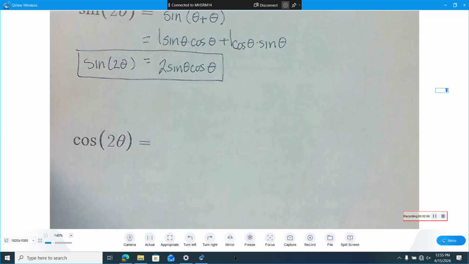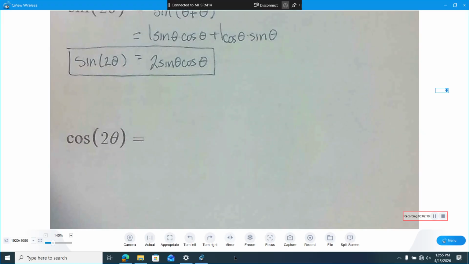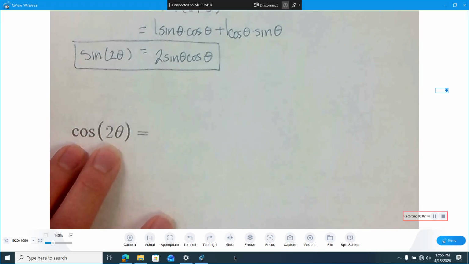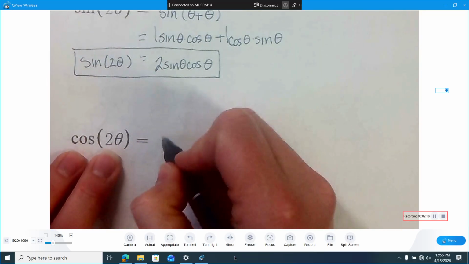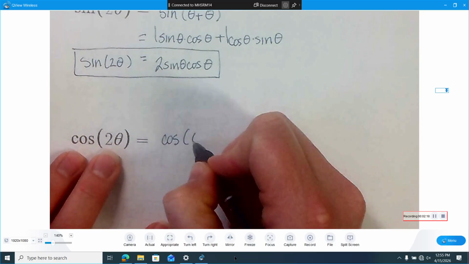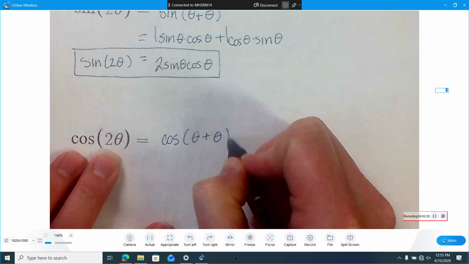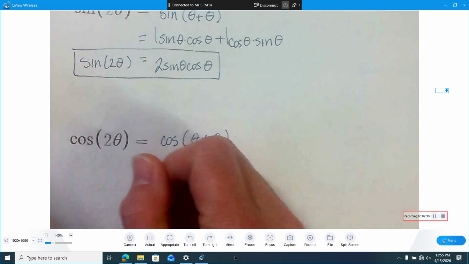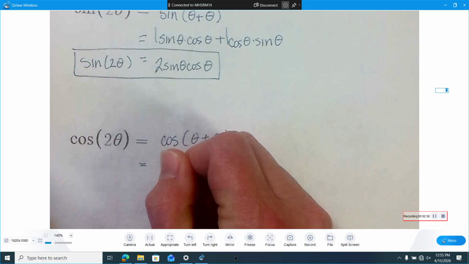Sine is easy. Cosine has a lot of different things that can happen here. So once again, we're trying to find the cosine of twice an angle. And again, that really is simply just 1 theta plus 1 theta. It's 2 theta. And now this is the cosine sum formula we did yesterday. What was the expansion for the cosine sum? Cosine, cosine, sine, sine. Change the sign. Yep, good. So we're going to expand this.